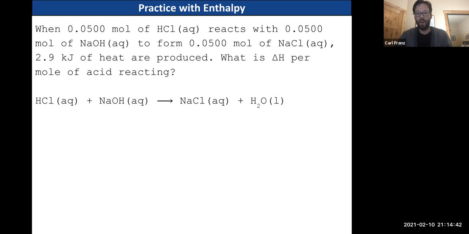And what they want to know is what is the change in enthalpy per mole of acid reacting. Okay. And we went over this in lecture, so I won't drive it home so much again. If you are unfamiliar with how to do this problem, go back to that lecture on enthalpy, and we go over this together. Okay.